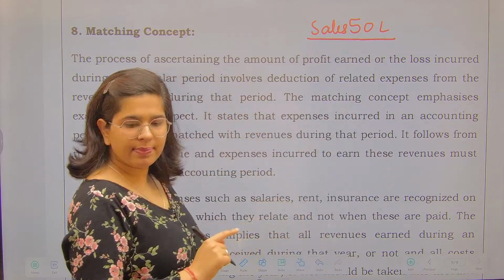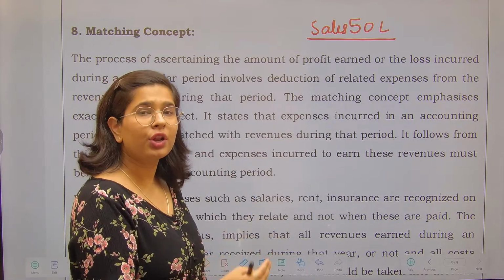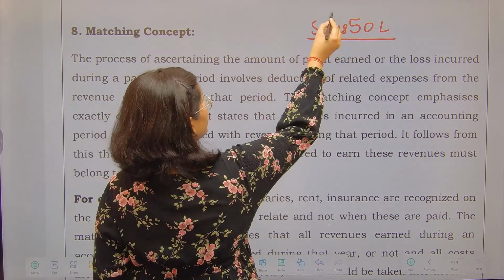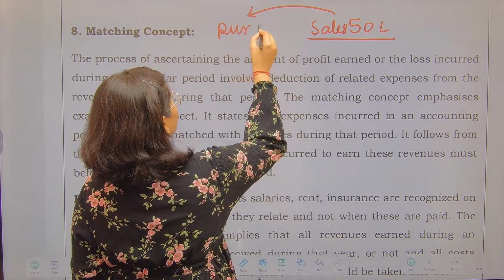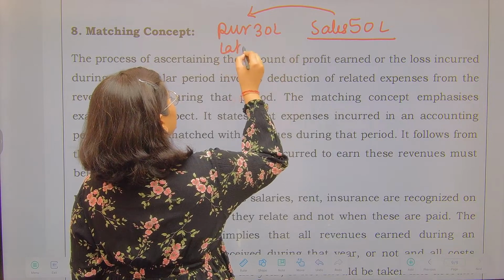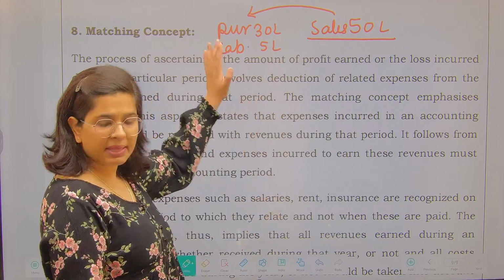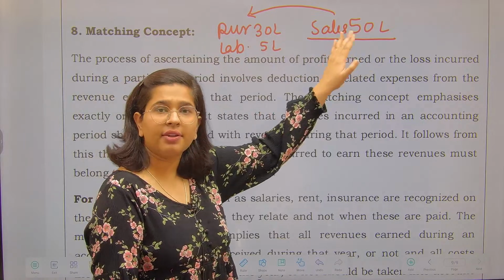So matching concept says that when you have recorded the income, then you should record expense also. In order to do the sales of 50 lakhs, I had to make the purchases of 30 lakhs, right? Direct labor को भी कुछ पैसा देना पड़ा था, let's say 5 lakhs.